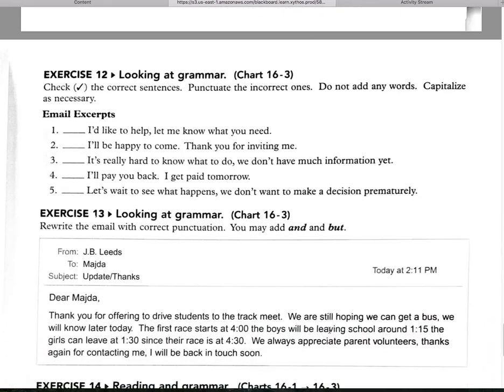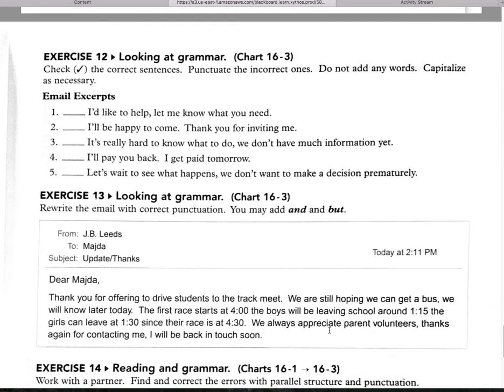If we look at exercise 12 on page 363. Check the correct sentences. Punctuate the incorrect ones. Do not add any words. Capitalize as necessary. So, email excerpts. This means that these are little sentences or parts of sentences that people use in emails.